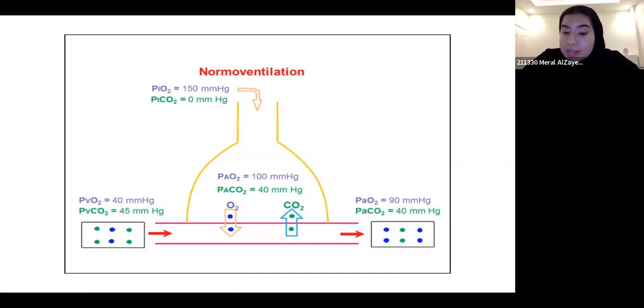This is due to gas exchange, where oxygen is taken up by blood and carbon dioxide is pushed into the alveoli to eventually be exhaled. Therefore, the amount of oxygen in the alveoli decreases, leading to a decreased partial pressure compared to the inspired air. So when we breathe in, the inspired partial pressure of oxygen is 150, and when it is taken into the lung, it will be 100.